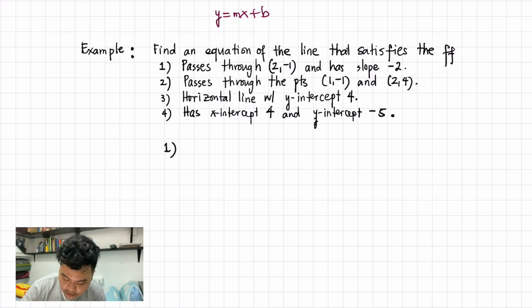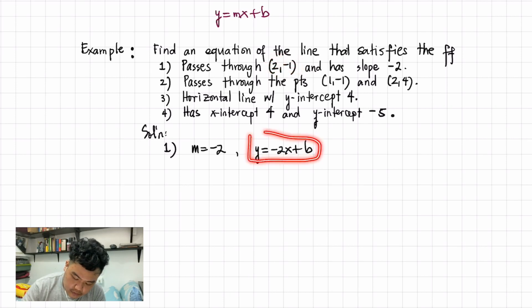So for number 1, the slope is negative 2. So you can plug it here. So y equal to negative 2x plus b. And to solve for b, this point passes through this line. So this point must satisfy this line. When you replace x by 2, y by 1, equality is retained.